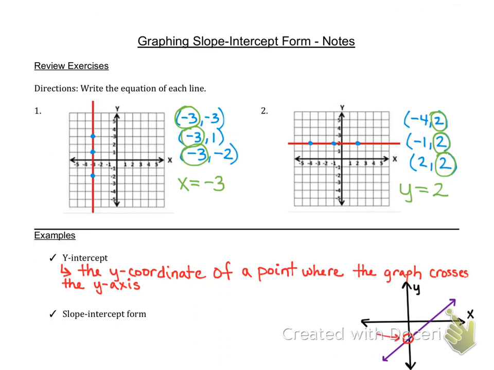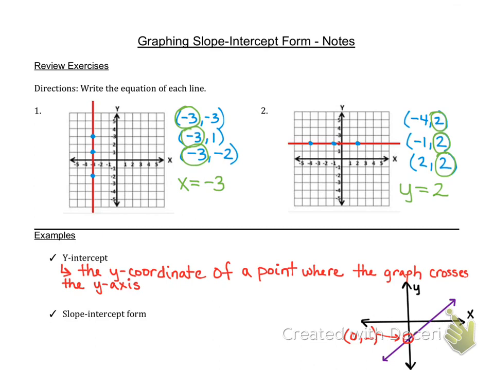If I wrote it as an ordered pair, it's always going to look like this. The x-coordinate is always going to be 0, and then it's going to be whatever the y-intercept is, whatever number is where the graph touches the y-axis. But the important thing to notice is that the x value will always be 0.